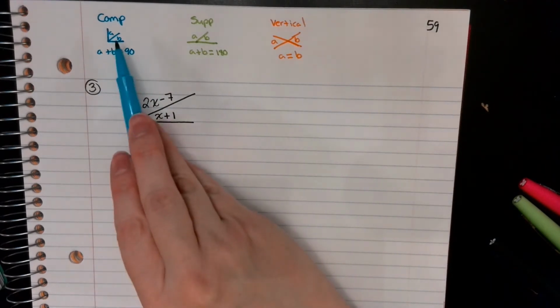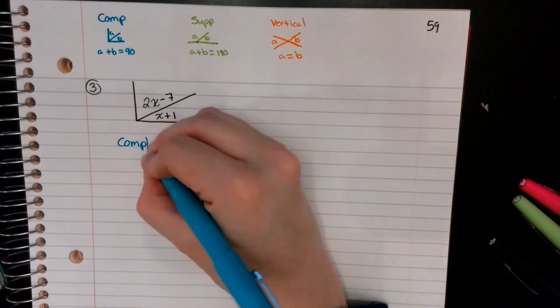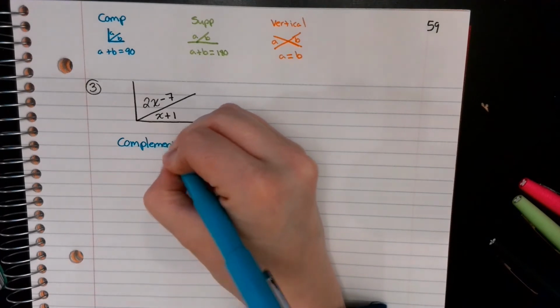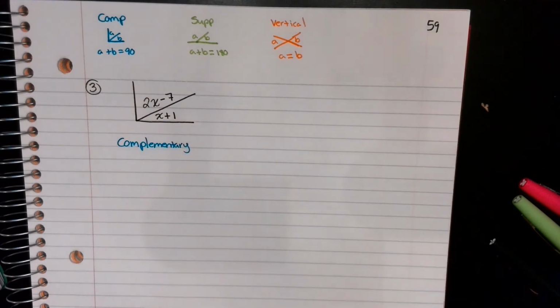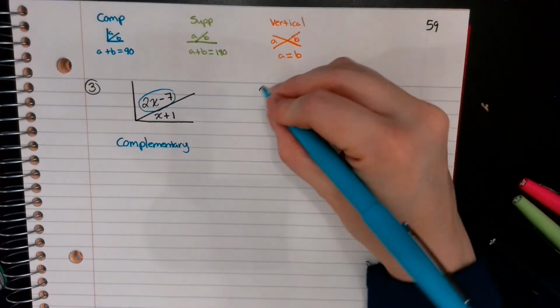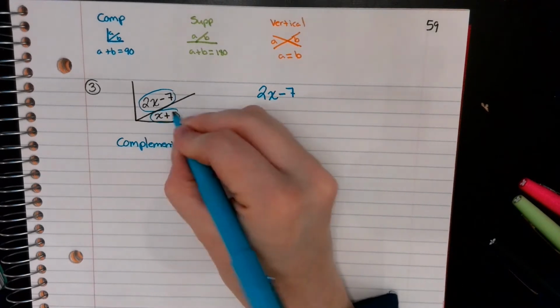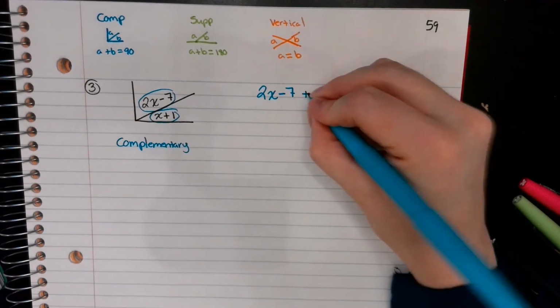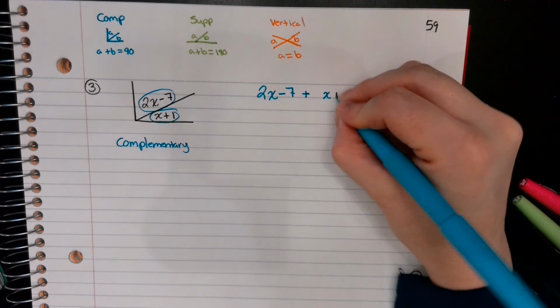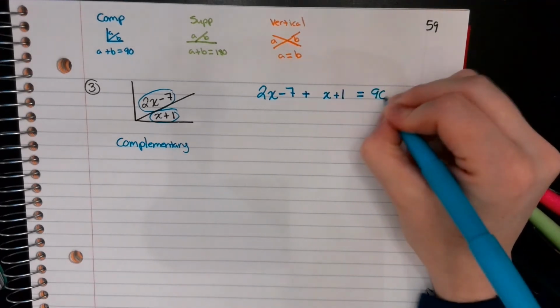So since it's forming the L shape, we know that it is a complementary set. It is going to be a complementary set of angles. So that means I'm going to take these two angles, I'm going to take that 2x minus 7, and I'm going to add it with the x plus 1, and I'm setting this equal to 90 degrees.